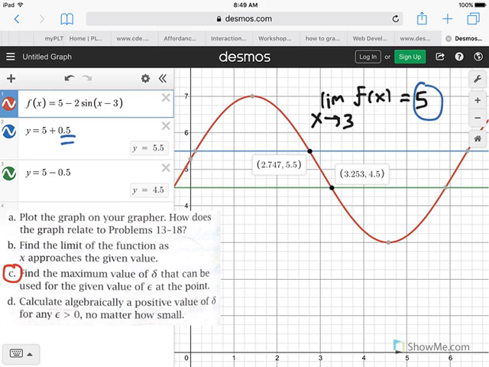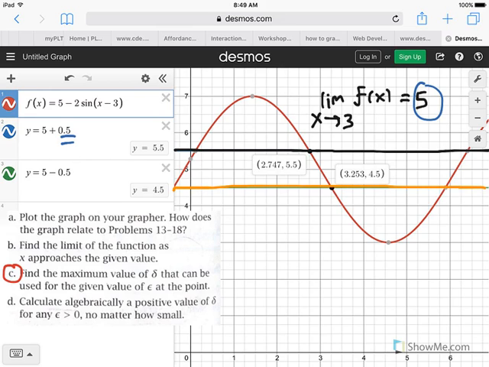So we have the limit plus epsilon, which would be 5 plus 0.5. And I graphed the horizontal line y is equal to 5.5, which is right here. I'm tracing it in black now. And then I graphed the horizontal line y is equal to the limit minus epsilon, 5 minus 0.5, which is y is equal to 4.5. And I'm going to trace that in gold right now.